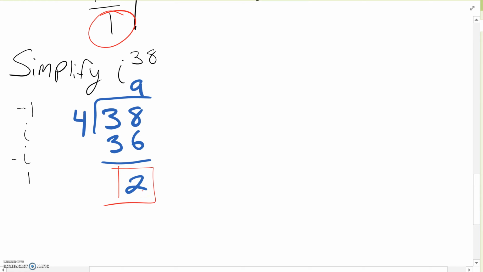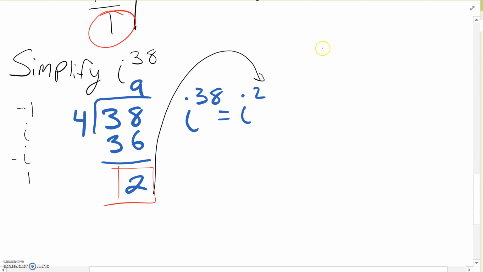All right, 2, which means that I to the 38th is equal to I squared. Again, the remainder 2 is the power that I has to be. It's got to be the same thing as I squared, because if I kept going down that list, right?